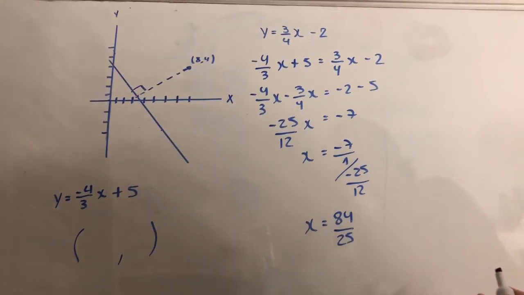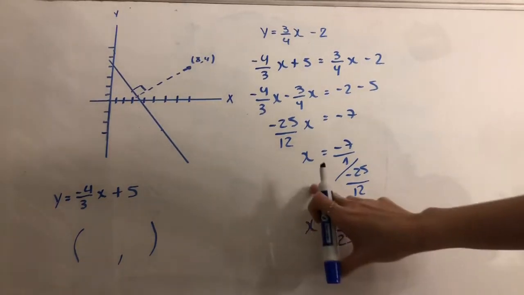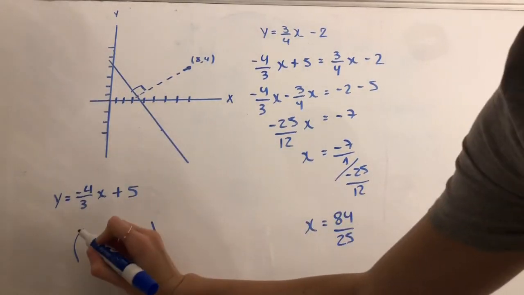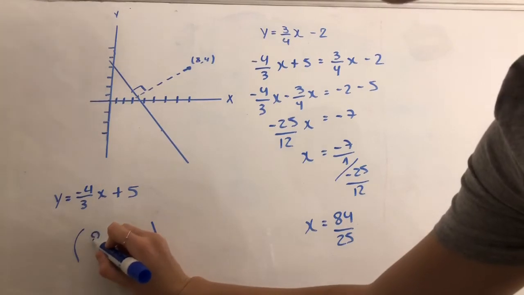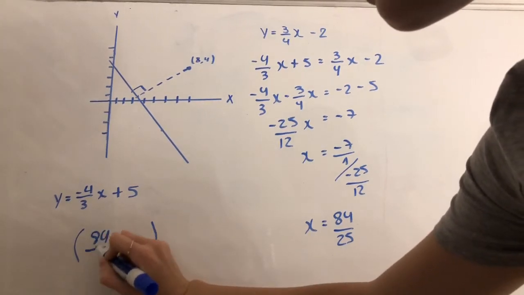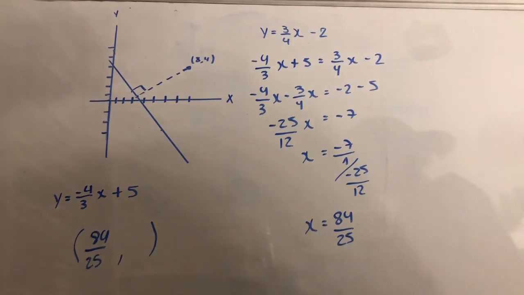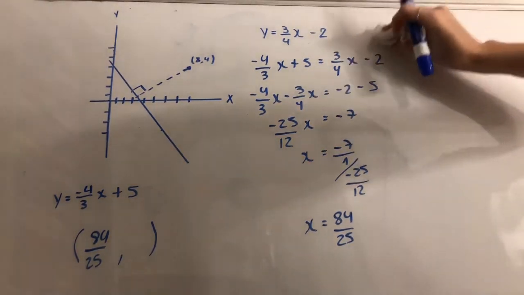So now we got the result for our x coordinate. We're going to write here 84 over 25. And now we have to find out the y coordinate.